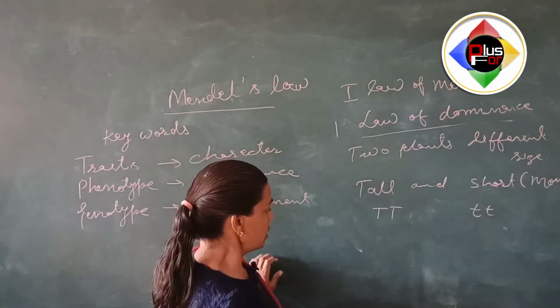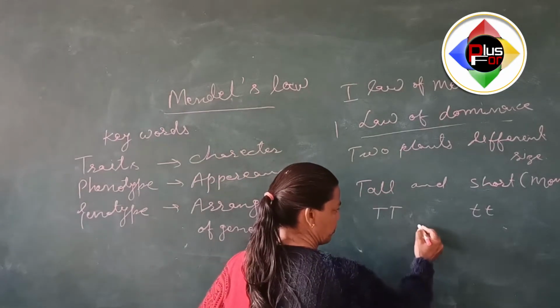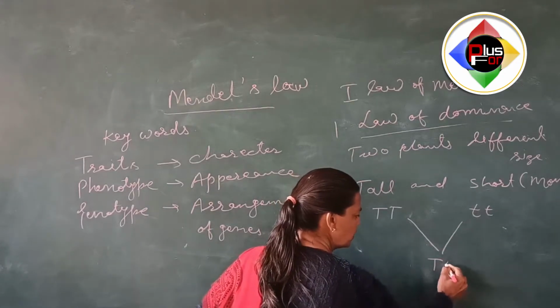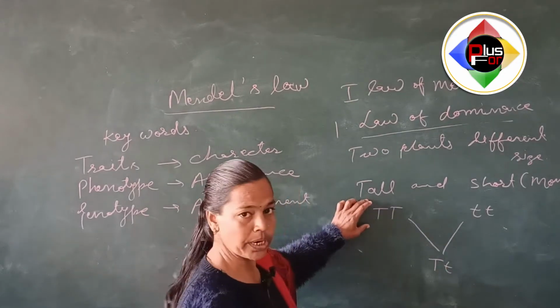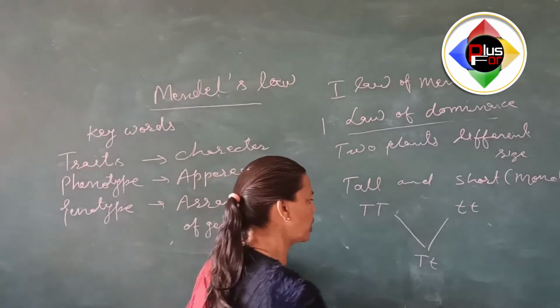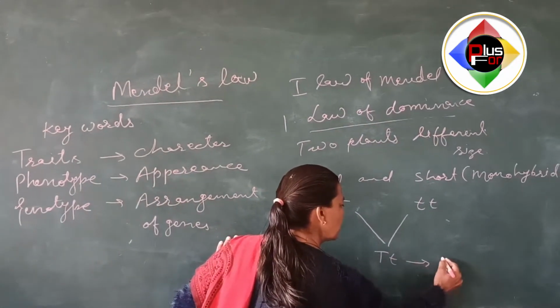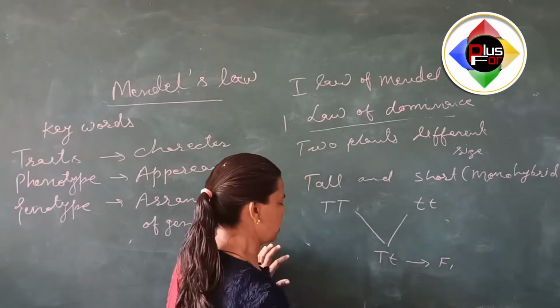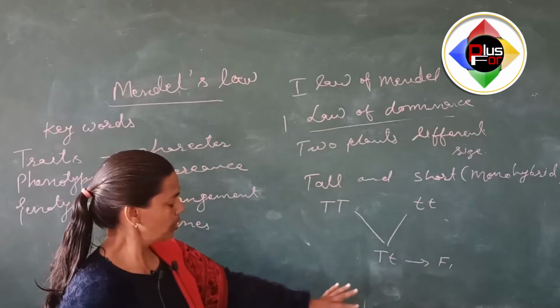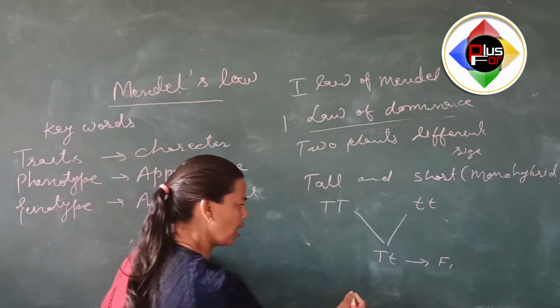When he crossed them, 50% of the character came from the tall plant and 50% from the short plant, and from this fertilization we get the F1 generation.